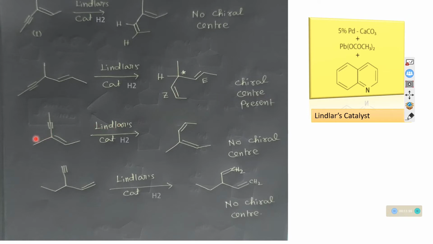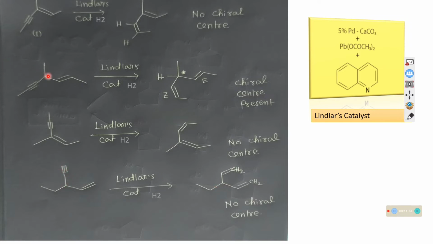Let's check the others. This compound also, when we treat with Lindlar catalyst, has no chiral center. In the fourth case, this alkyne is transformed into alkene, and this alkene and this alkene become the same, so there is no chiral center.